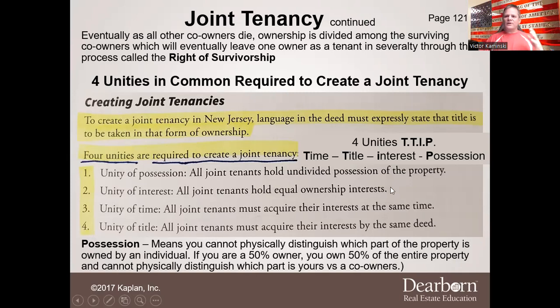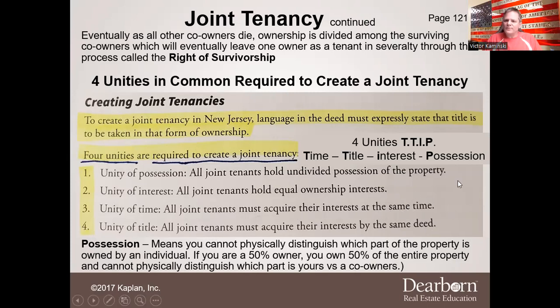You can't have somebody who's a 75% owner and one that's 25%, as an example. They all have to have equal ownership shares. You've got four owners, they all have 25% interest. One of them dies and now they all have 33 1/3 interest. Another one dies, now it's 50-50 interest, right? So that's the way that works.